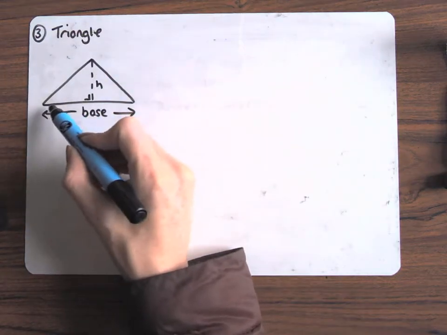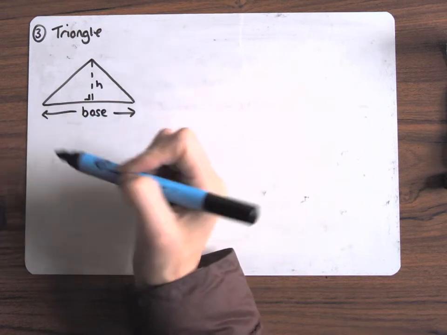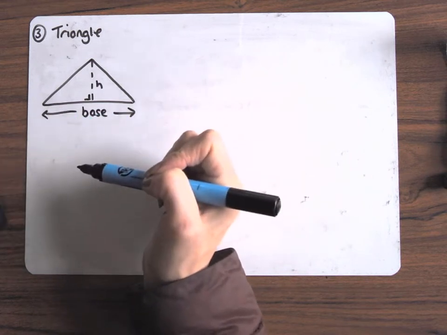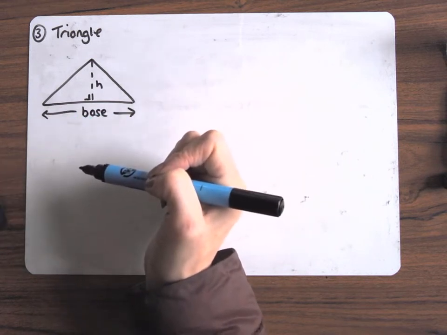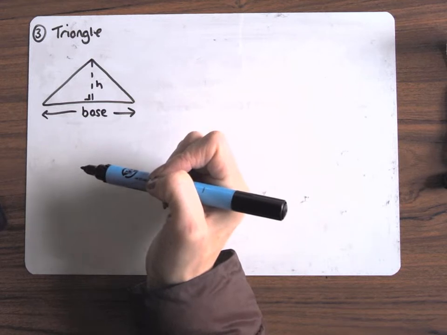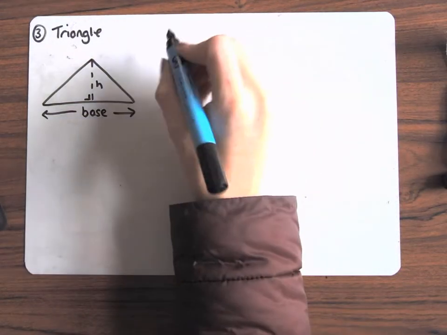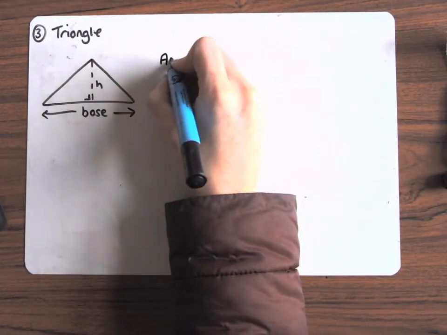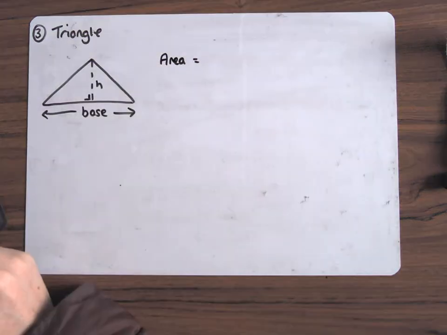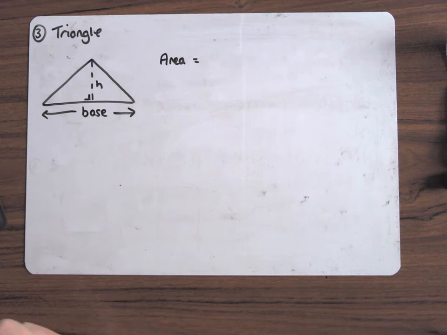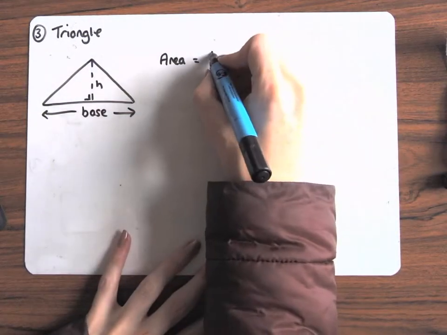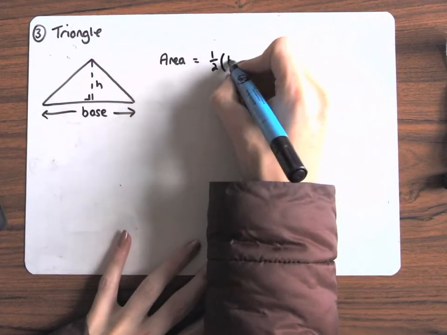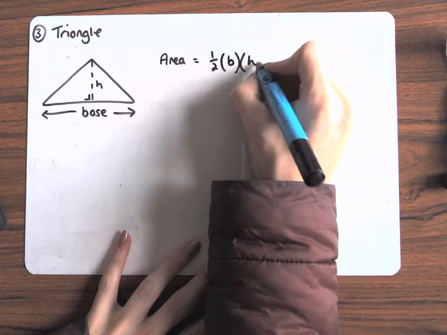Perpendicular means it's at a right angle to the base. Anyone remember what the area formula is for a triangle? Half the base by the perpendicular height. Very good.